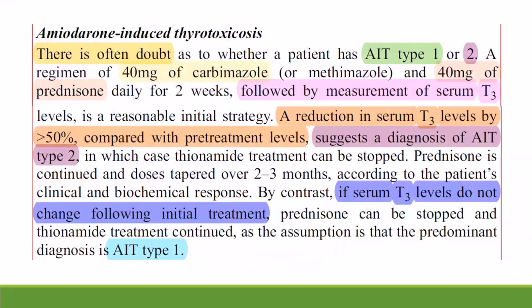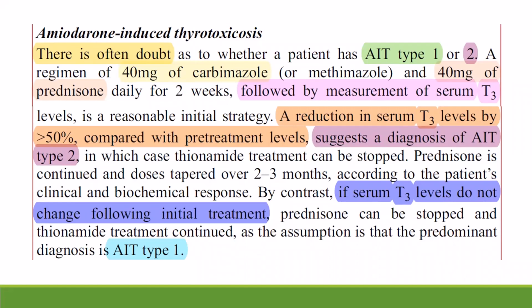Amiodarone thyrotoxicosis is a very important topic, and in most cases we cannot differentiate between type 1 and type 2. In this situation, type 1 is managed by a high dose of carbimazole, and type 2 by prednisolone. If we cannot differentiate between type 1 and type 2, I will give a high dose of carbimazole 40 mg with 40 mg of prednisolone for 2 weeks, followed by measurement of serum T3.